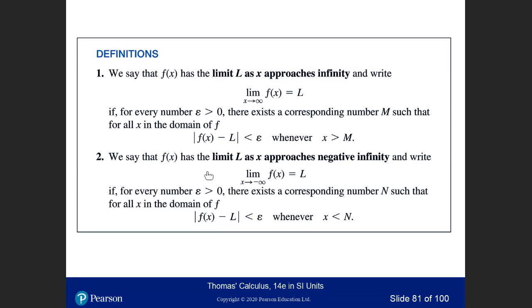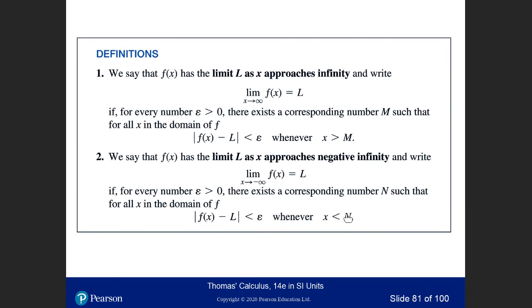Similarly, we say that f of x has the limit L as x approaches negative infinity, and write limit as x goes to negative infinity of f of x is equal to L. For every epsilon greater than 0, I must find a number n such that |f of x minus L| is less than epsilon if x is smaller than n.